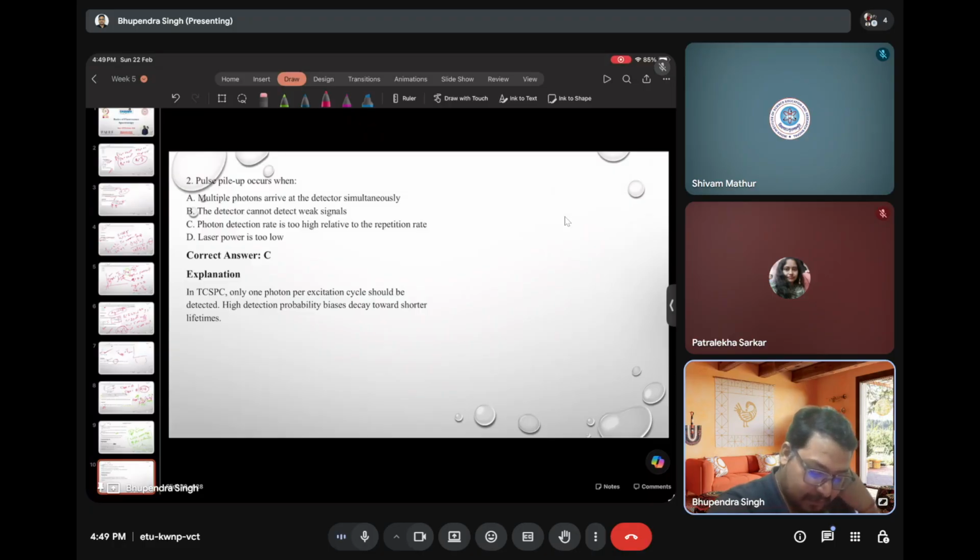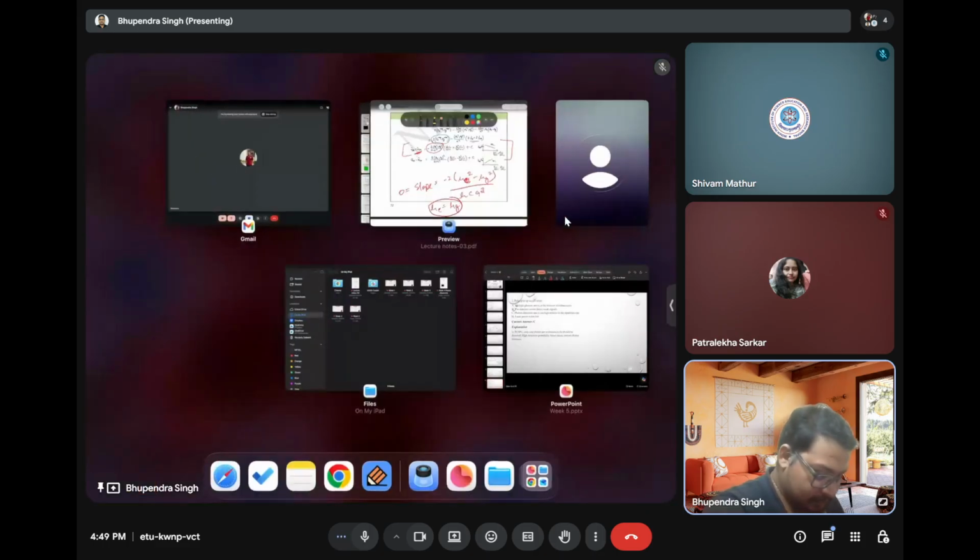So option C is correct. In TCSPC, only one photon per excitation cycle should be detected. High detection probability biases the decay towards shorter lifetime. So what does it mean? I can explain it a little bit.